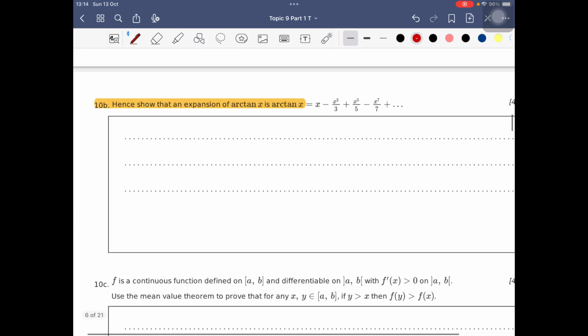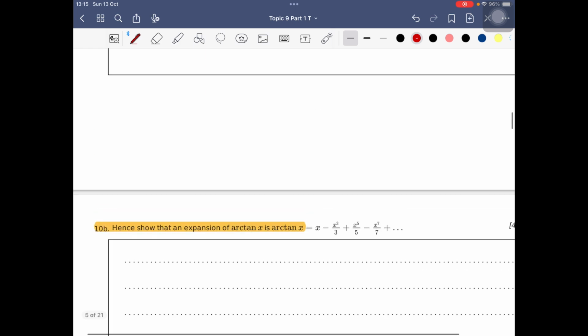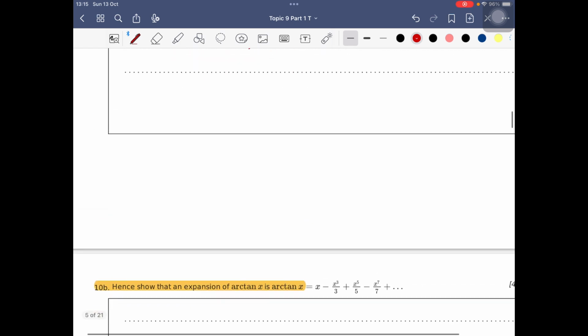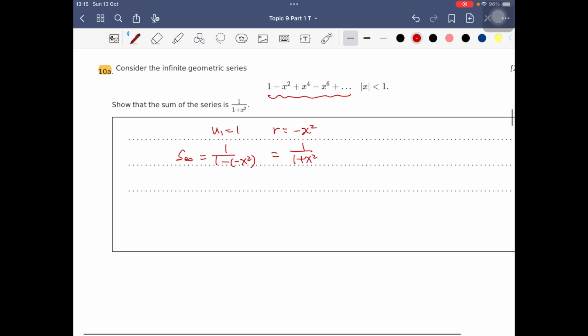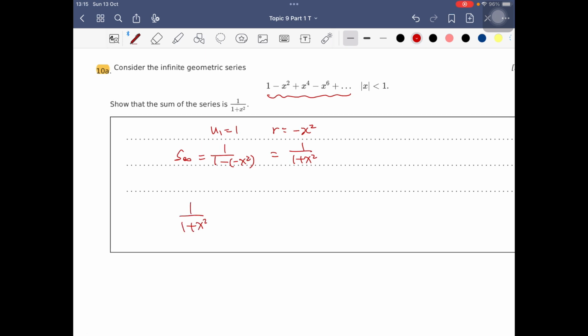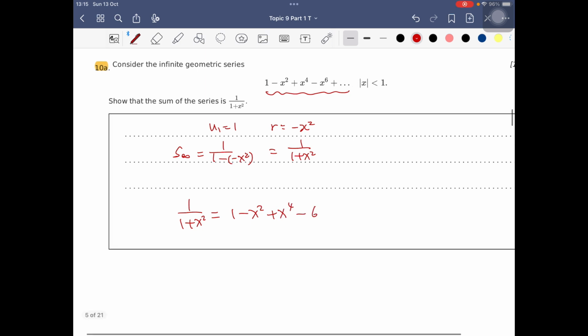And next one, arctan x shows the expansion. Okay, so let me continue from here, because 1 over 1 plus x squared is 1 minus x squared, x to the power of 4, and x to the power of 6 is given.